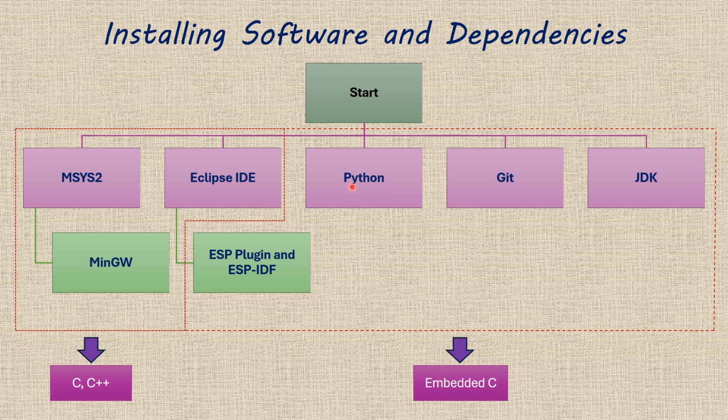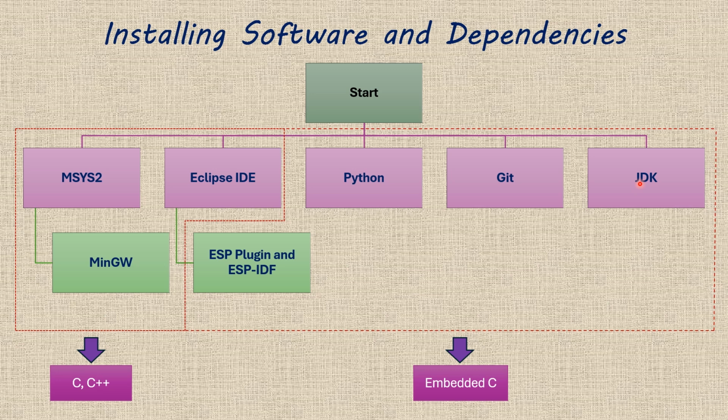The Git software app is a shell to access files on GitHub.